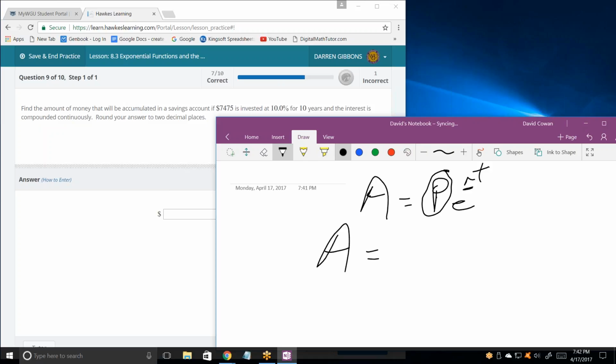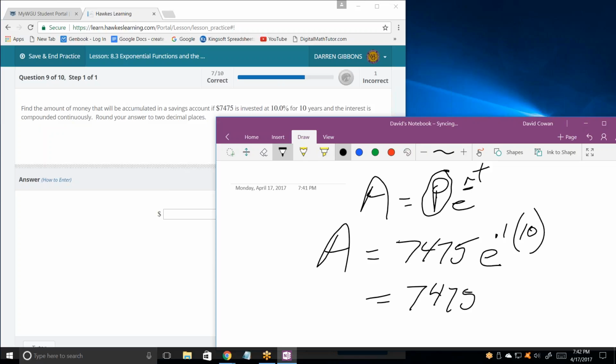It's A equals, if you start with 7475, multiply that by e to the r is 0.1, that's 10%, times 10 years. Well, that's pretty easy to do. You don't really need anything but a calculator, because that's times e. In other words, e to the 0.1 times 10 is e to the 1, e to the 1 is e.